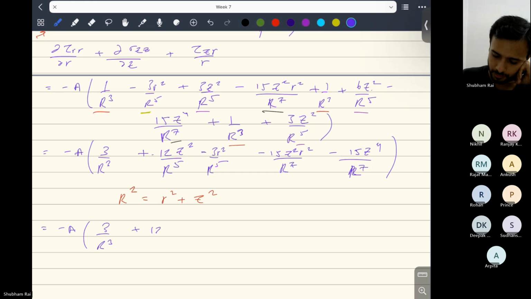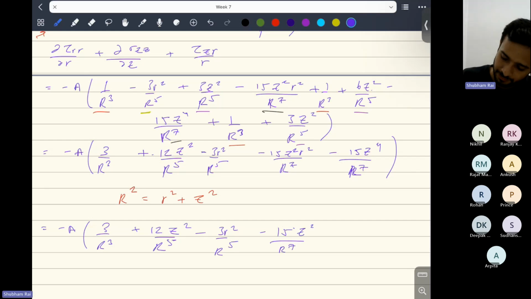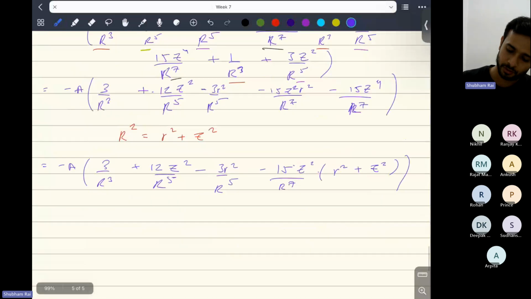So 12z square over R⁵ minus 3r square over R⁵, minus, if you take 15 z square over R to the power 7 common, you will be left with r square plus z square. So here you can substitute r square plus z square as capital R square.